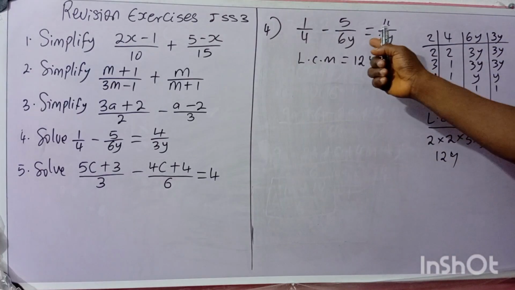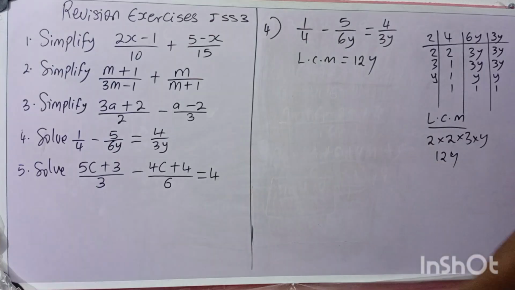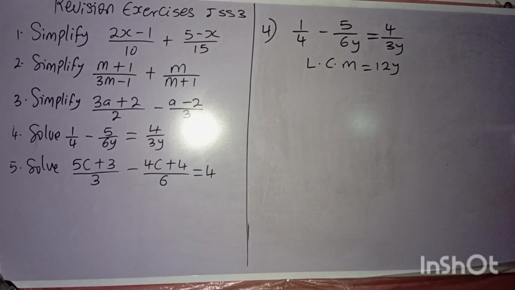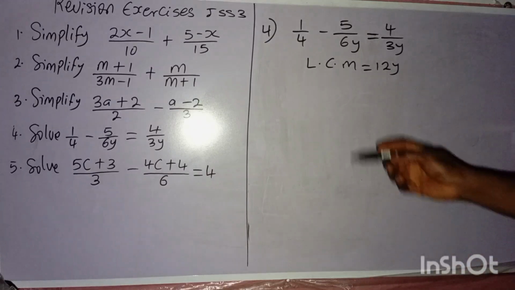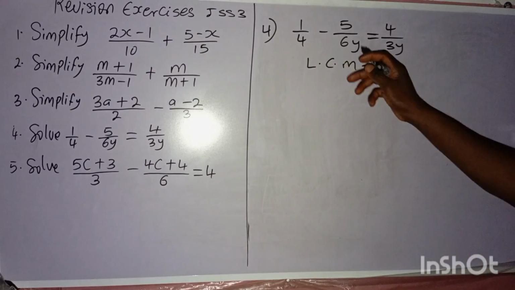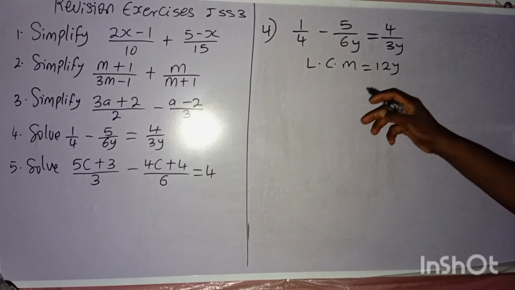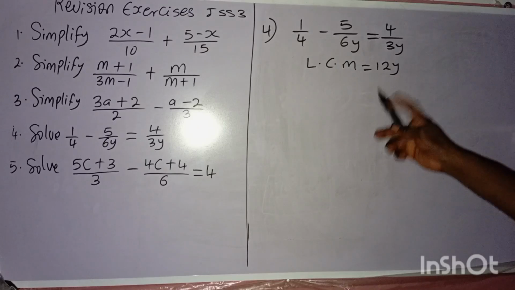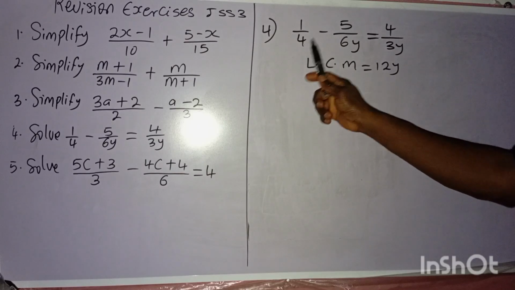But with an equation, you end up having a single number as your answer. So as I said earlier, the LCM of 4, 6y, 3y is 12y. So we take it one fraction after another.